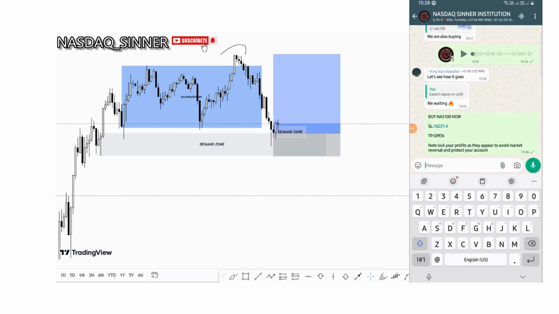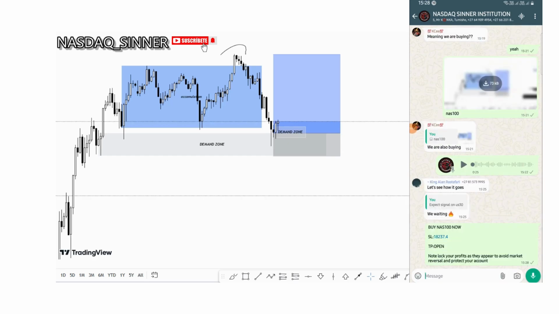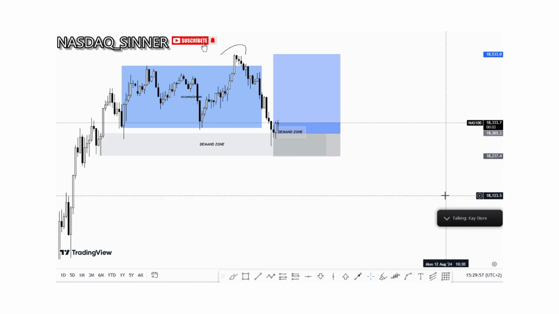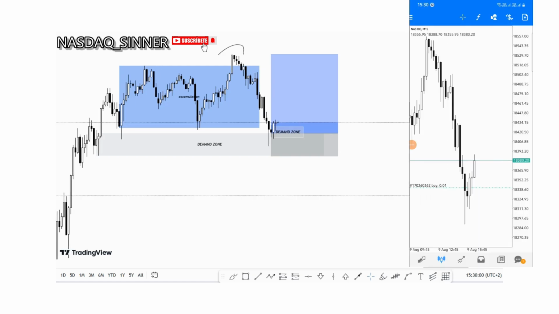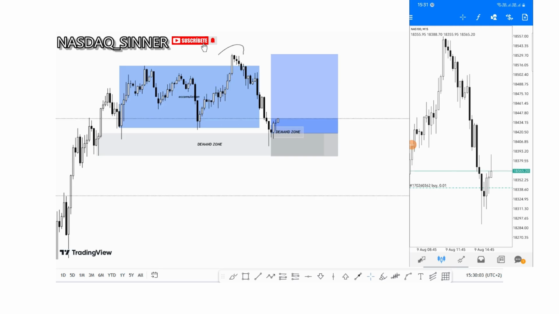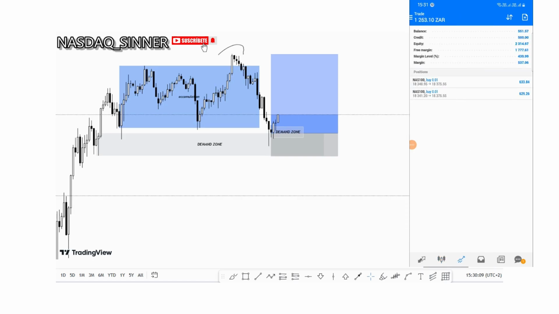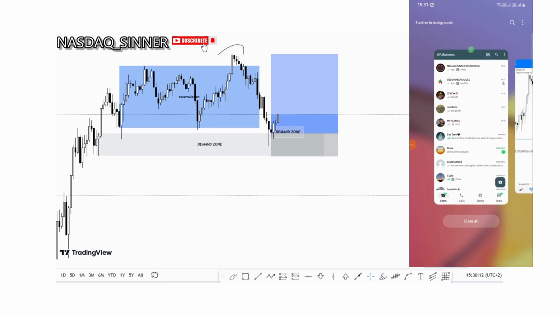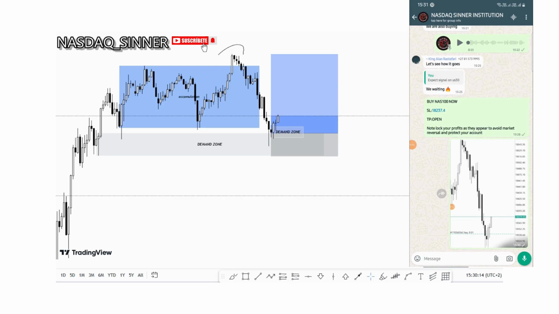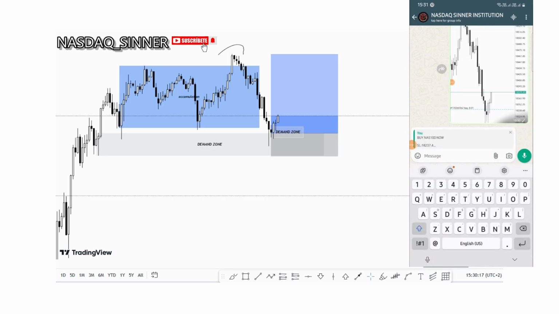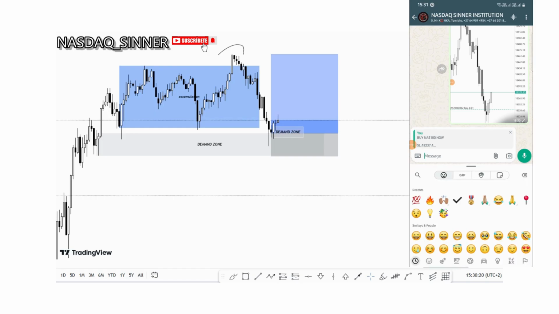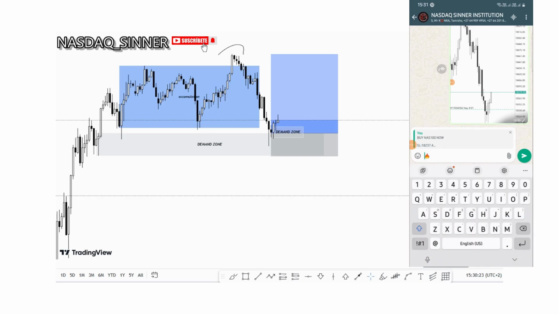Then we are pushing to the top side. We are actually pushing to the top side, guys.